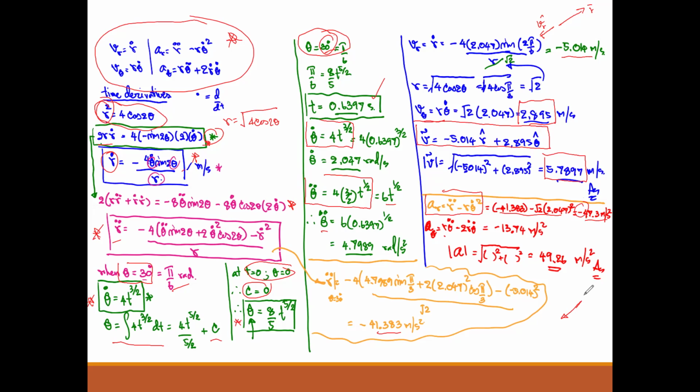It's opposite to the R direction. And A theta is negative also. After we substitute these, we obtain the magnitude of acceleration for this case.